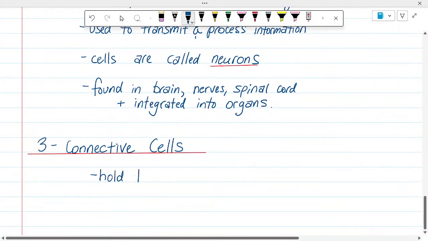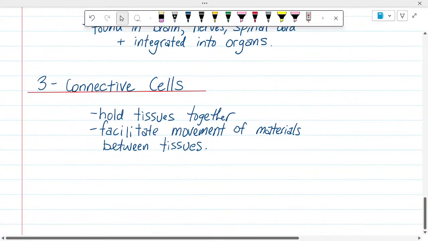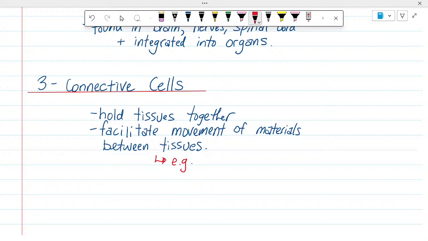So these hold tissues together and facilitate movement of materials between them. They don't have to do both. Not every connective tissue holds tissues together, and not every connective tissue facilitates movement of materials between them.